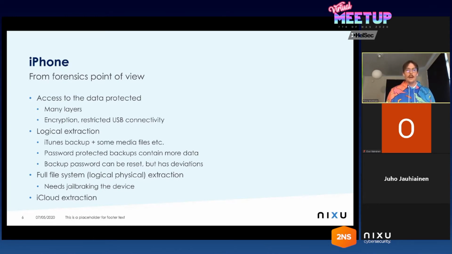But if you are investigating a phone from a user, and the user has set the backup password previously, it is still valid, and that password will be used for all future backups as well.